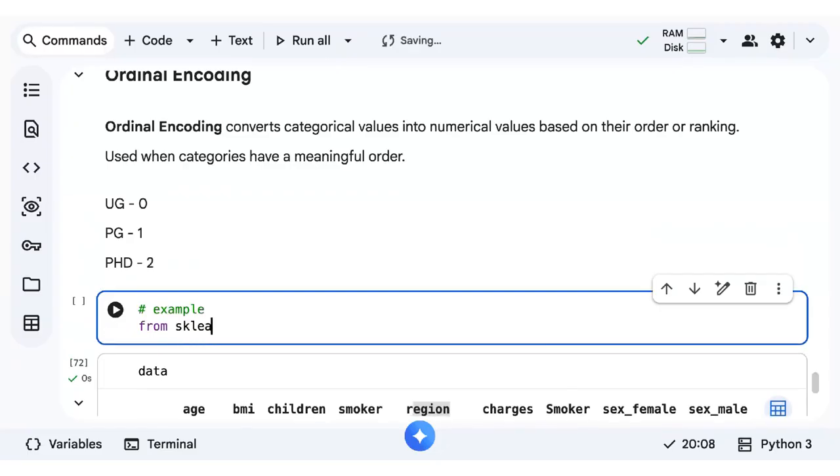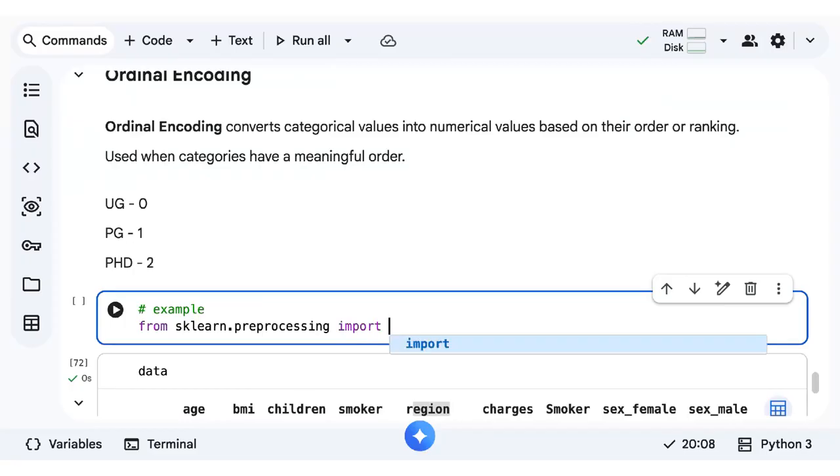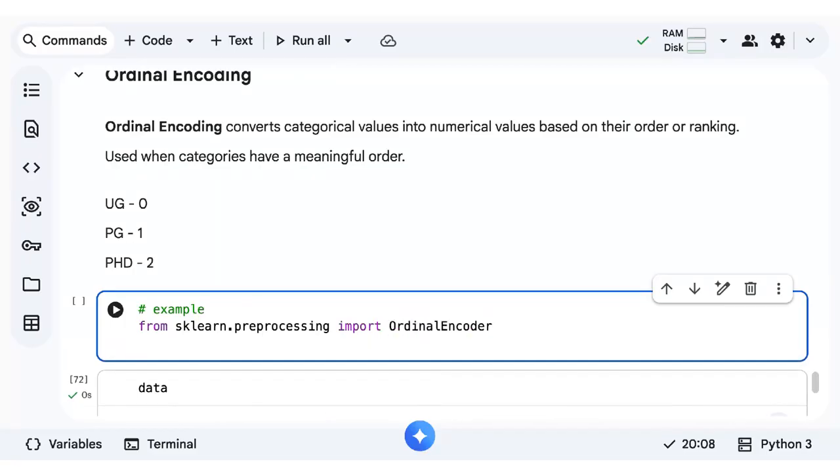From sklearn.preprocessing, you can just import OrdinalEncoder. I'll define that ordinal encoder, initializing it.